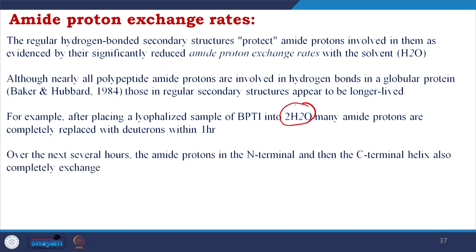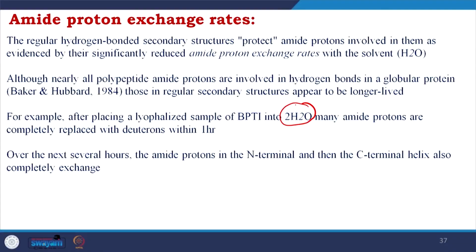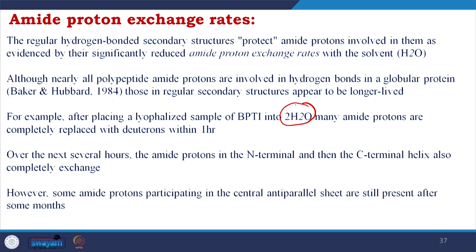Within 1 hour, many amide protons are completely replaced. Over the next several hours, the amide protons in the N terminal and then the C terminal helix also completely exchange. So you make this experiment, you keep recording spectra over time, and you see this. But some amide protons participating in the central anti-parallel sheet are still present after some months.